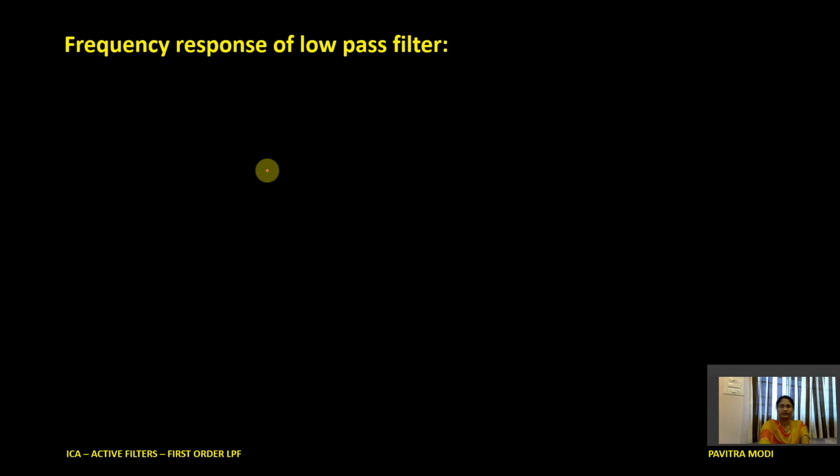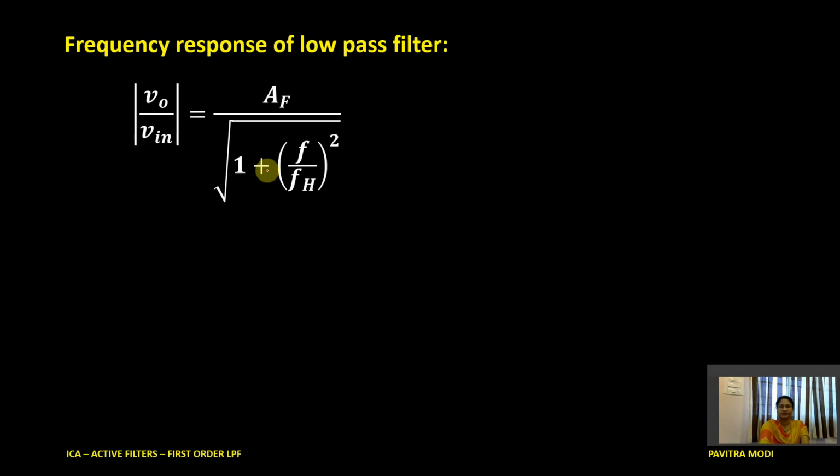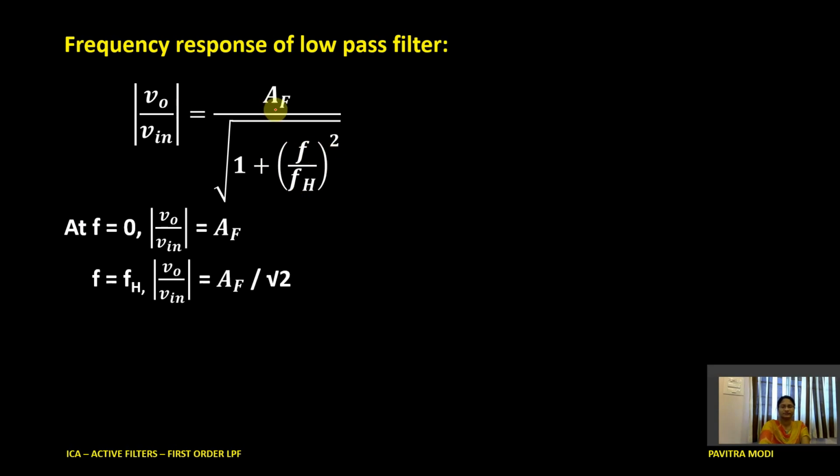Now, talking of the frequency response of the low pass filter, this is the gain expression, so let's substitute different frequency values. First let me substitute f equal to 0. If f is 0, this whole term becomes 0. Therefore the magnitude of the gain is AF. Now consider f equal to fH. The magnitude of the gain is AF by root 2.